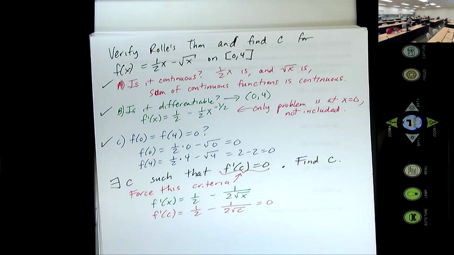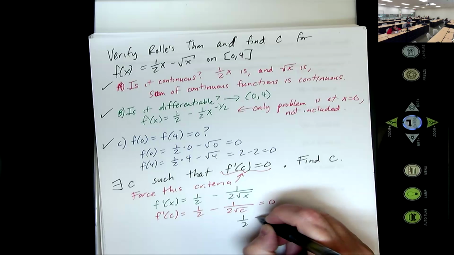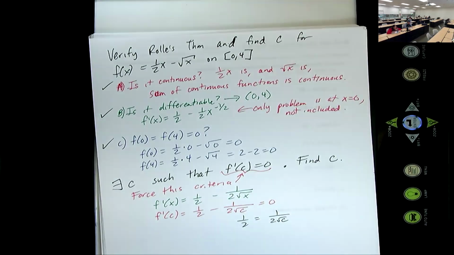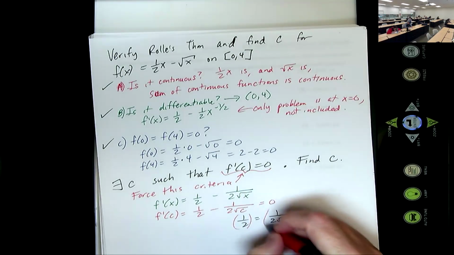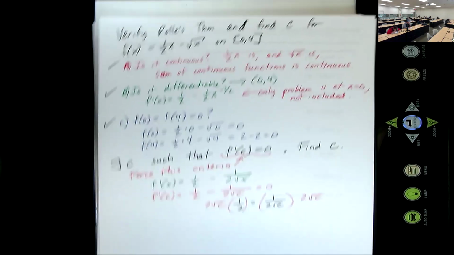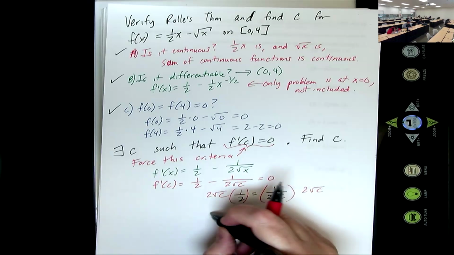I think it's a little easier to add this to the right side. And we will multiply through by 2 root c on both sides to clear fractions. And that means I get square root of c equals 1.